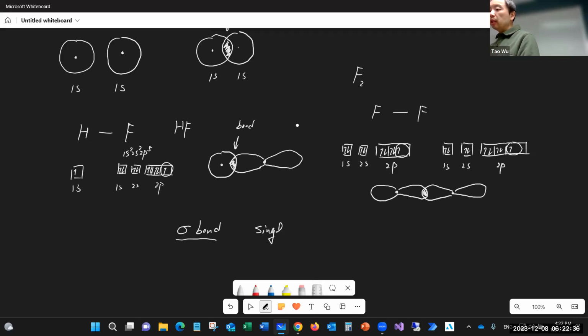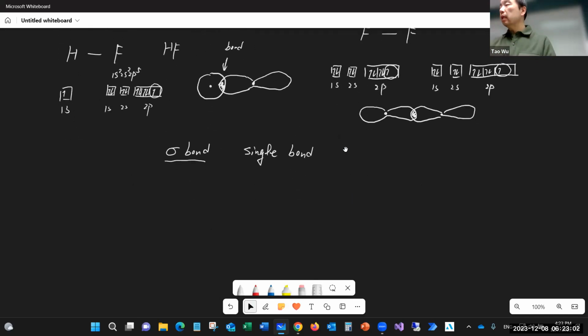In the molecule geometry, all the single bonds are sigma bonds, either from ss orbital overlap, pp orbital overlap, or sp. Are you clear? So this is making single bonds. But obviously, there's another bond. It's called the pi bond.